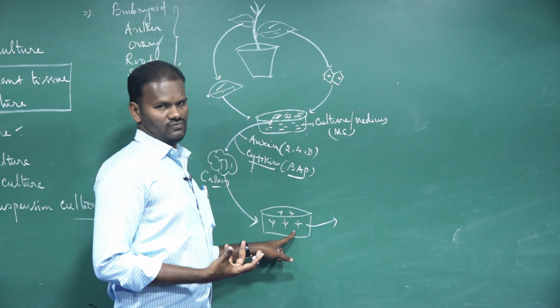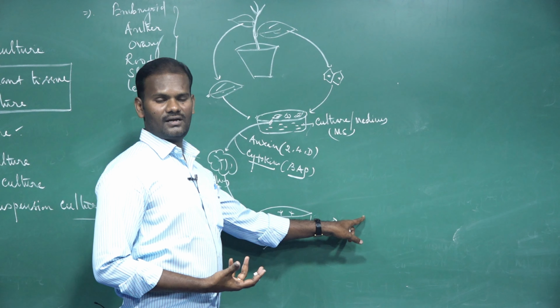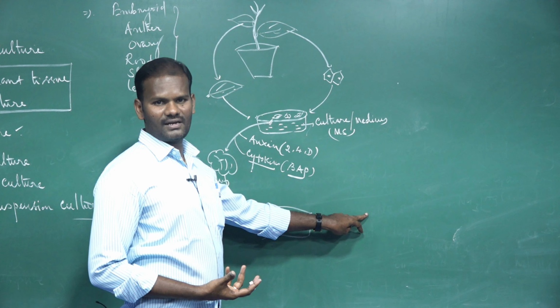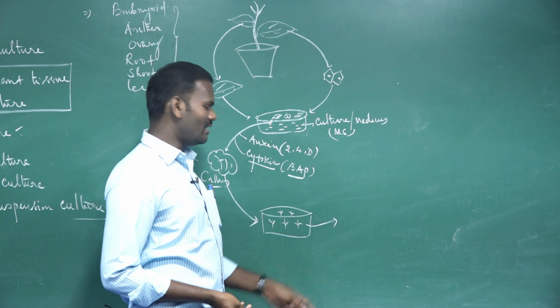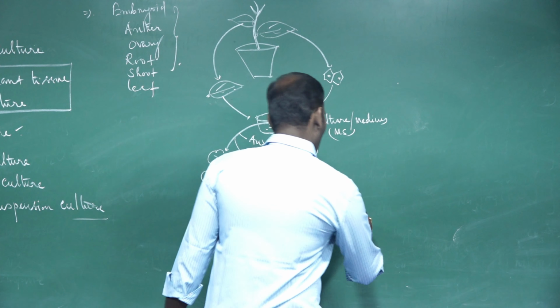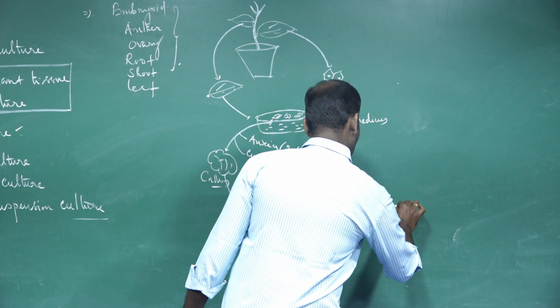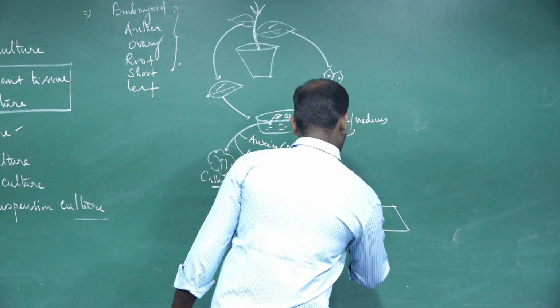So the process of transferring the explant onto natural environmental conditions is called hardening, and it is transferred to the hardening chamber. Yes, it is a hardening chamber. And finally, these plantlets are transferred to the field conditions.